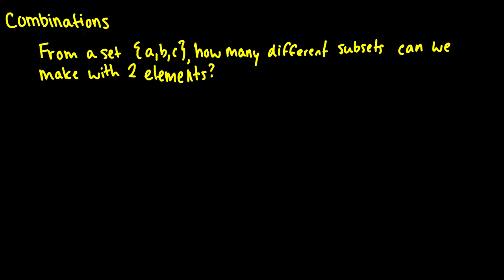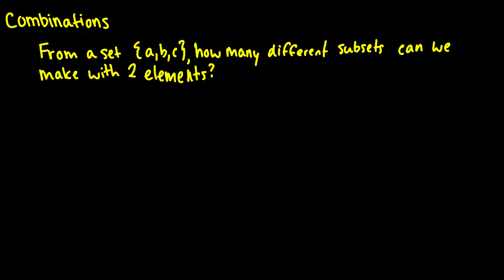So when you ask how many ways, or in this case, how many different subsets we can make from a set ABC with just two elements, it's a little bit different, because it's not the case that we have 3 ways to pick the first one and 2 ways to pick the second one. Because if the order is switched, it doesn't necessarily make a difference.